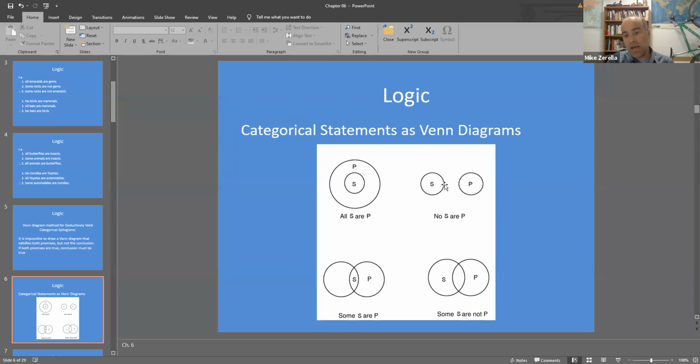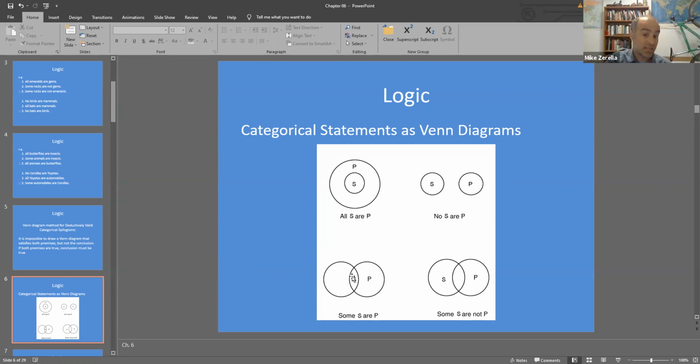Alternatively, here, no S's are P's. So the S circle, the circle representing all the S's, is completely outside of the circle representing the P's. There's no overlap here at all, so we know that there are no S's that are P's. But if, on the other hand, some S's are P's, then the S and the P circles can overlap.